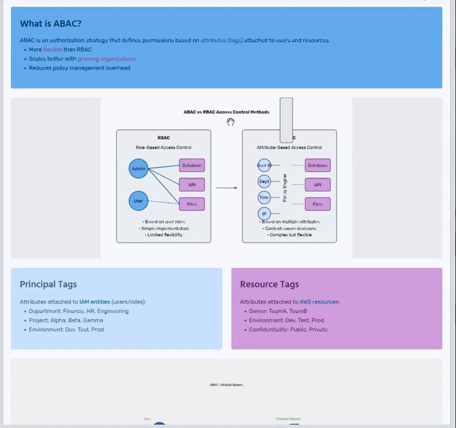ABAC versus RBAC access control methods. RBAC, role-based access control, is based on user roles. Here the admin has access to databases, API and files, and then the user role has access only to files.